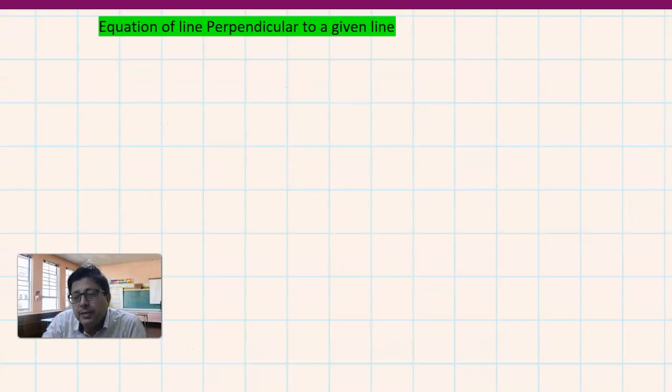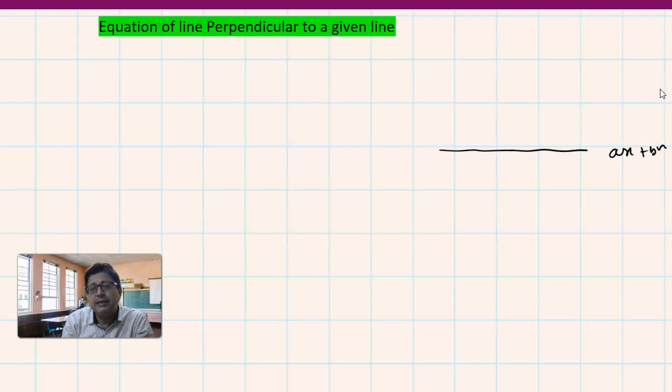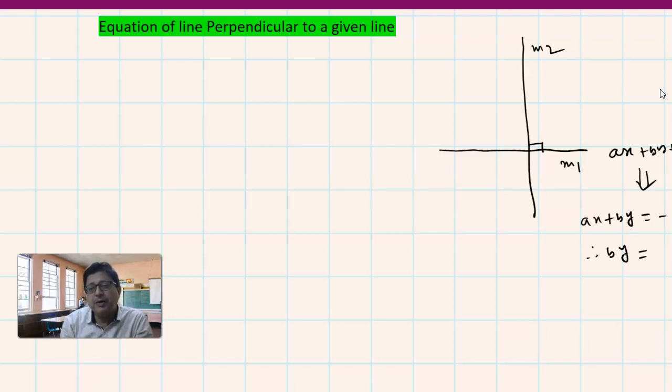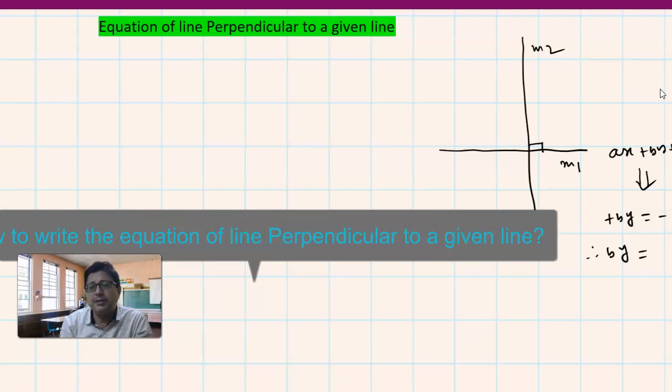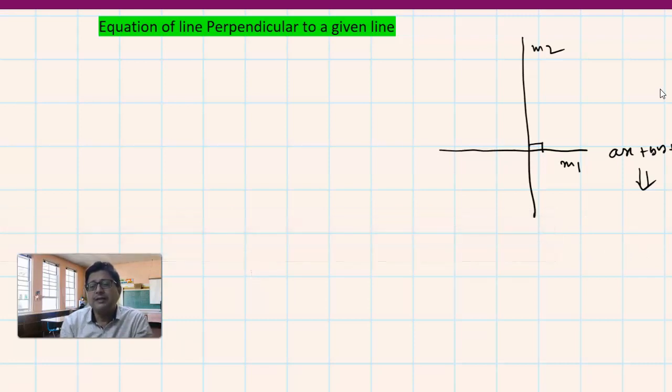Now, how to find the equation of a line perpendicular to a given line? This is a line, say ax plus by plus c equal to 0. What is the general form of a line which is perpendicular to this? You know, if this line has slope m1 and the other line has slope m2, the product of slopes will be minus 1. Let us find the slope of this line. We transfer the terms to the right side to find the slope.